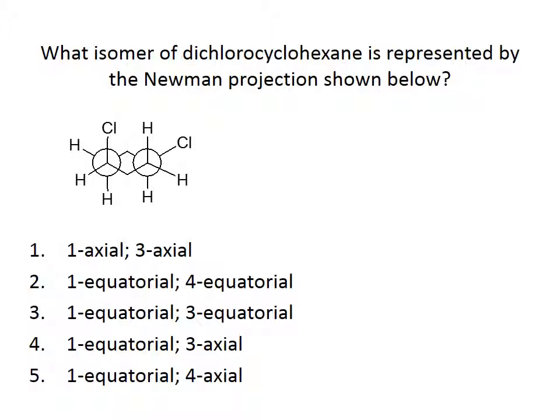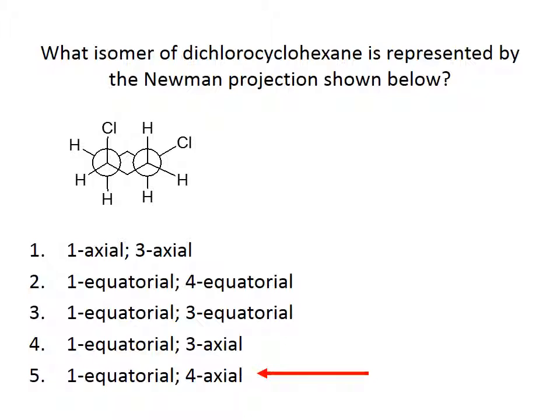Okay, which of the isomers right here is represented by this Newman projection? Figure out which it is. This is relatively easy.